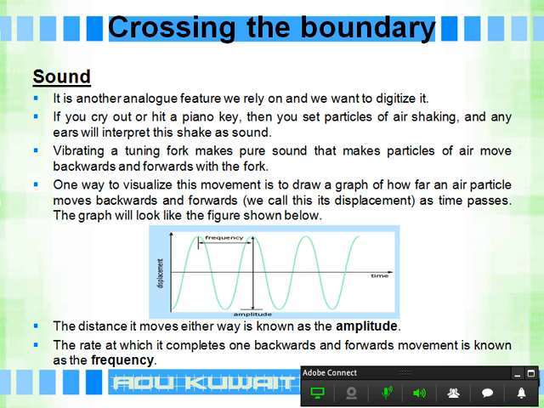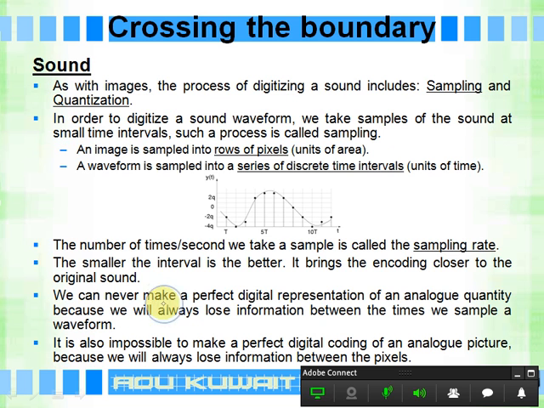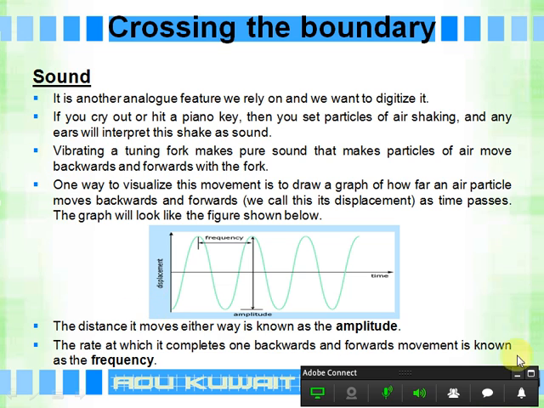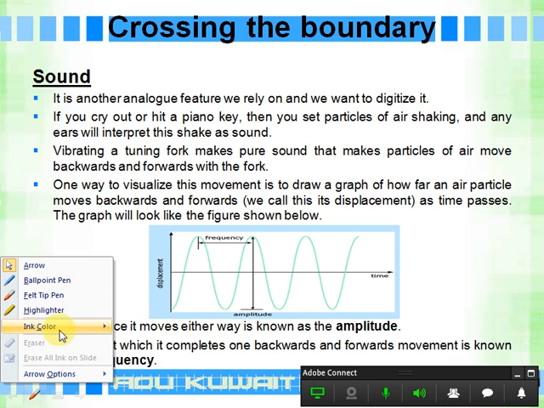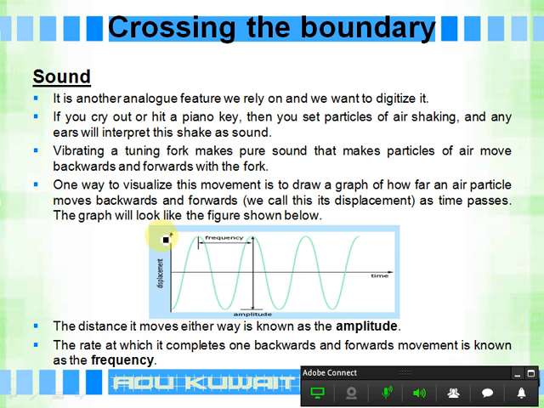Okay. So now we can think of a sound in this diagram. We can think of a sound in a graph of how far the air particle moves up and down, which is shown in this graph.